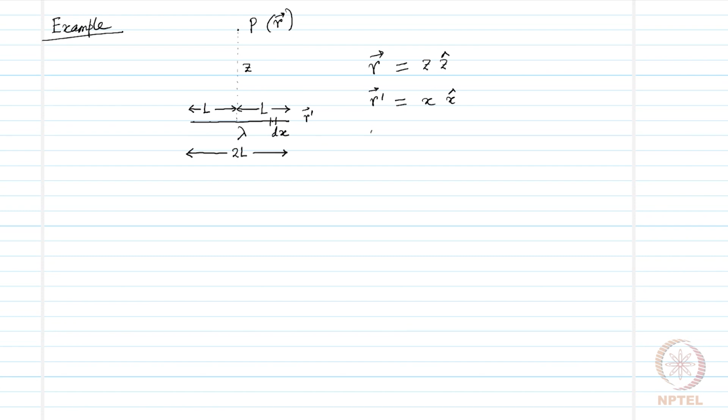And dl prime, a line element on the line charge distribution, can be given as dx clearly.